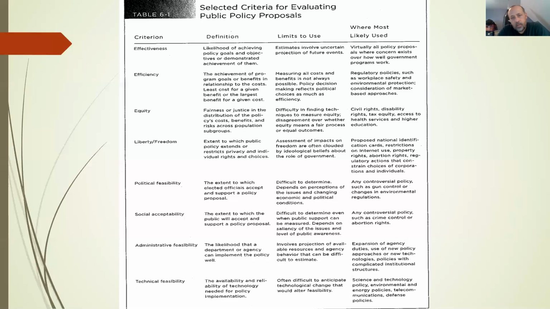Some other things to think about are things like administrative feasibility. Does the government, the institution responsible for implementing a policy, actually have the capacity to do this? If not, what extra resources would be needed to do it?